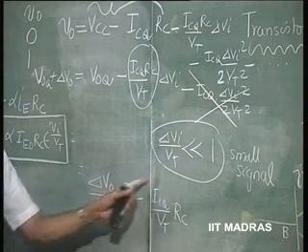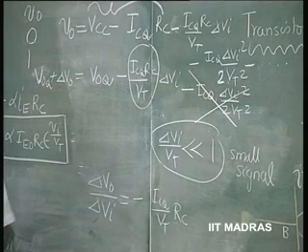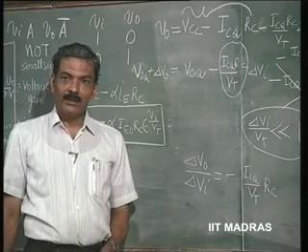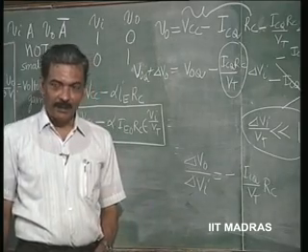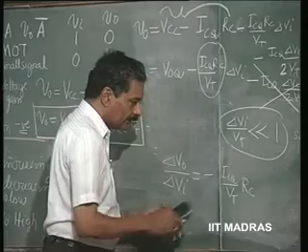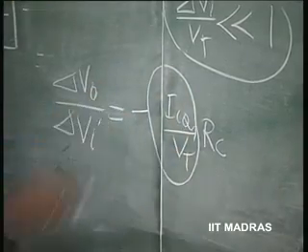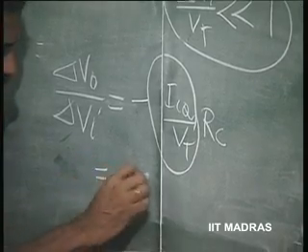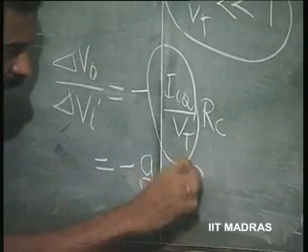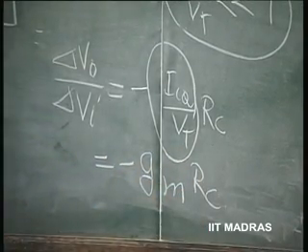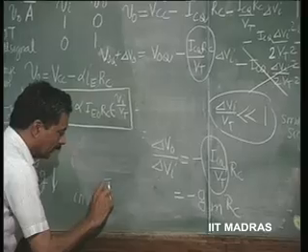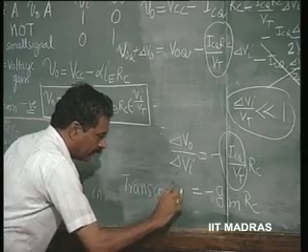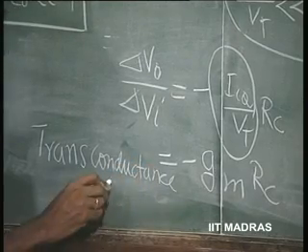This factor ICQ by VT is characteristic of the transistor amplifier, and that I by V is called the transconductance of the amplifier. So, this ICQ by VT, which is characteristic of the amplifier, with RC the load that you are connecting, is nothing but GM, the transconductance of the bipolar transistor amplifier.